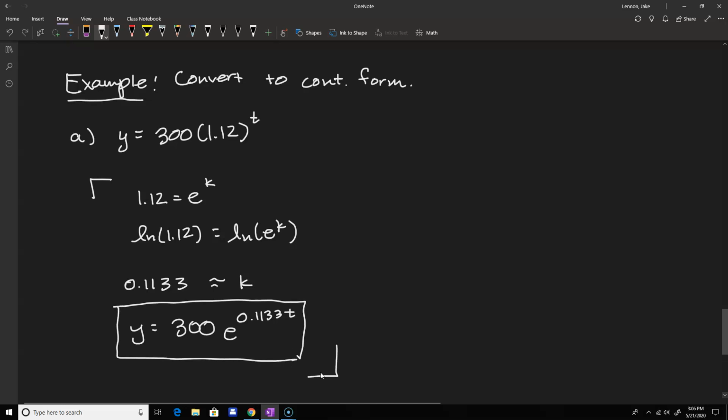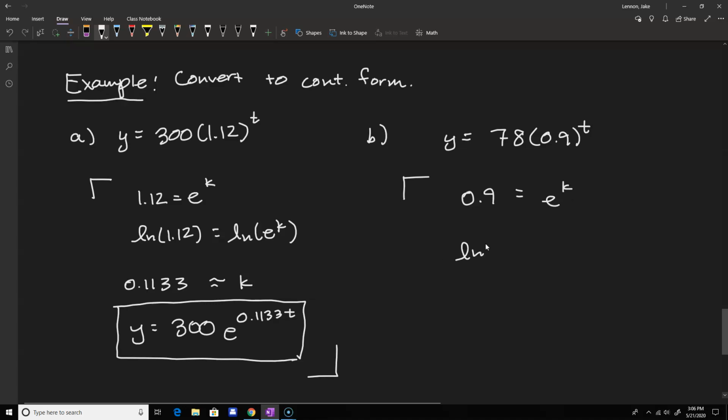Notice again that 12% was the growth for the standard form. If you look at the k value, 0.1133, sometimes that's known as the continuous percent growth, and we'll maybe talk about how that relates to interest in a moment. So let's do the same thing for y equals 78 times 0.9 to the t. We just set 0.9 equal to e to the k and take the natural log.